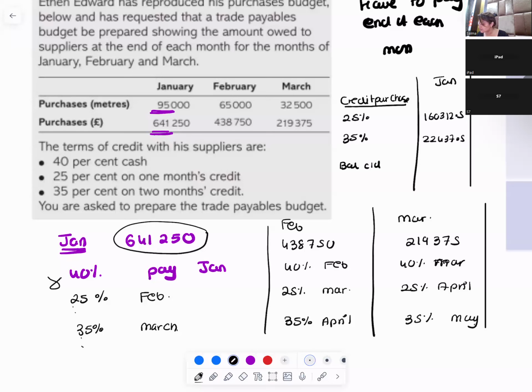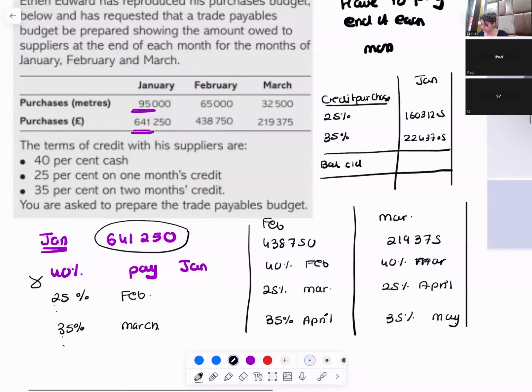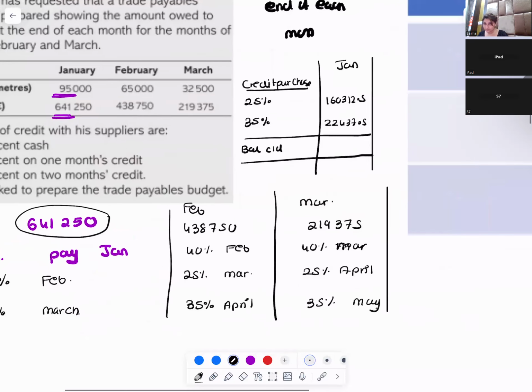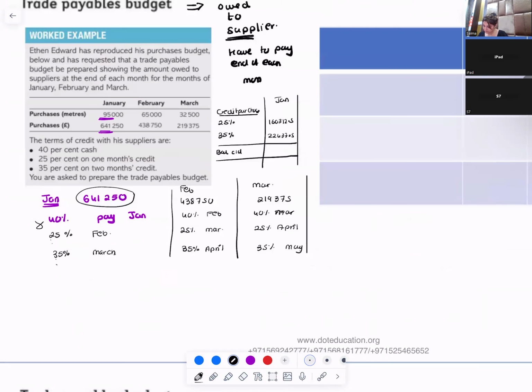The balance closing will be the addition of both, 384,750.